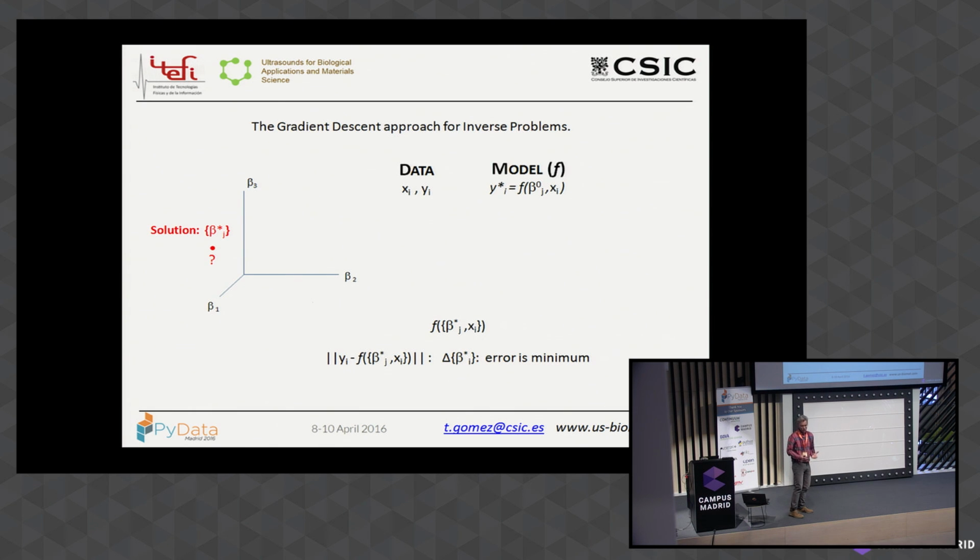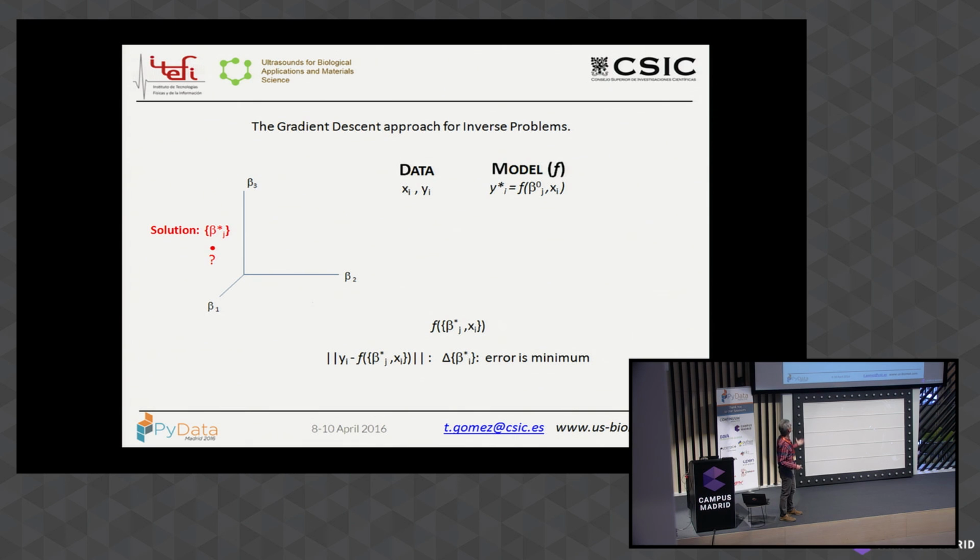I would like to explain the gradient descent approach. You have the data, you have the model, and the model depends on the independent variable, and you have some parameters. Let us suppose that you have 3 parameters in your model, so we can represent them in a 3D space. We can use 5, but the representation will be much more difficult, as you can imagine.